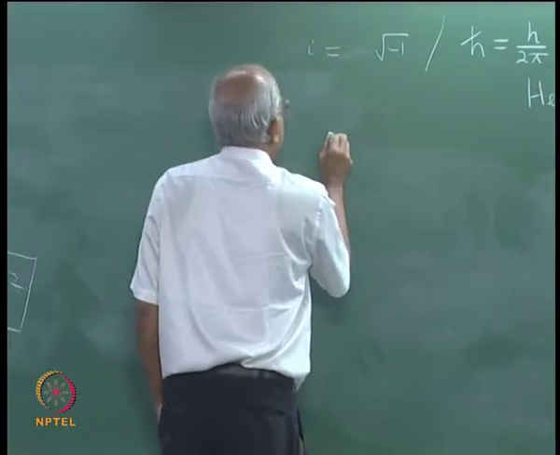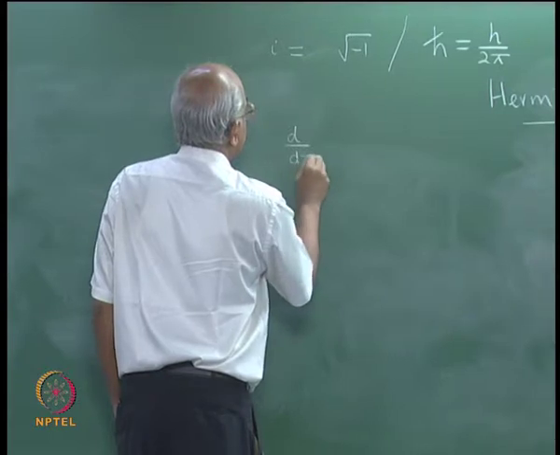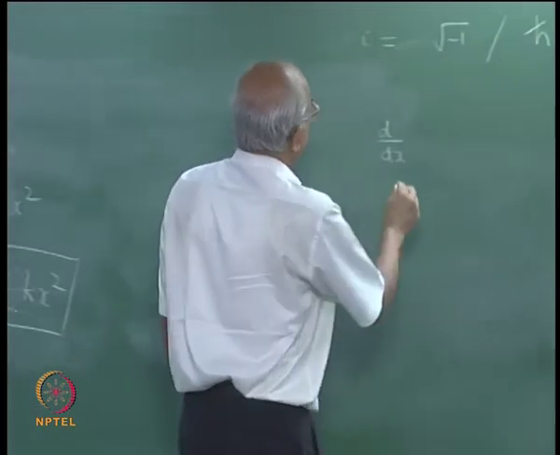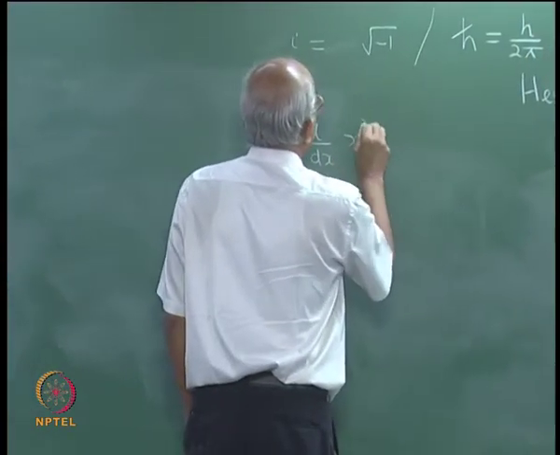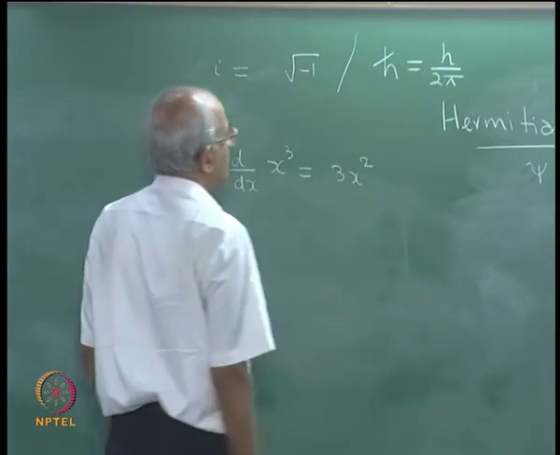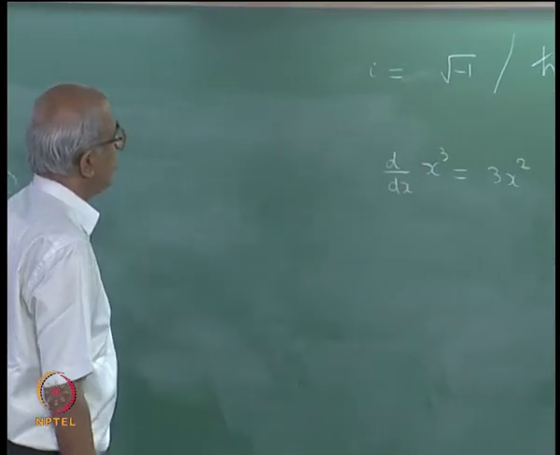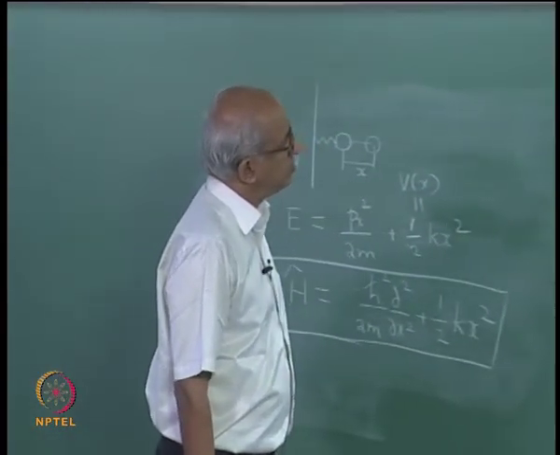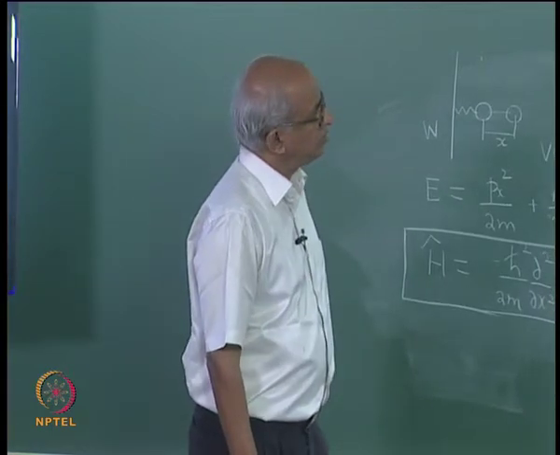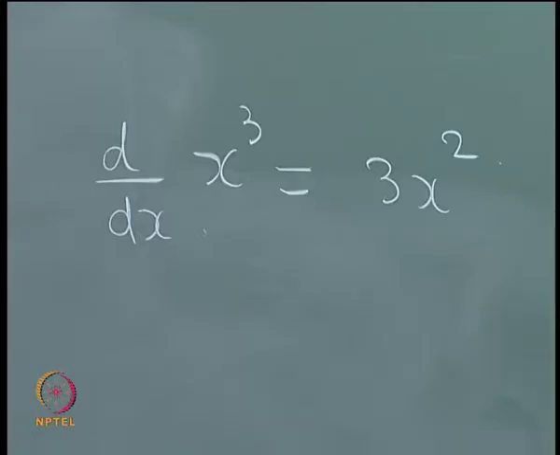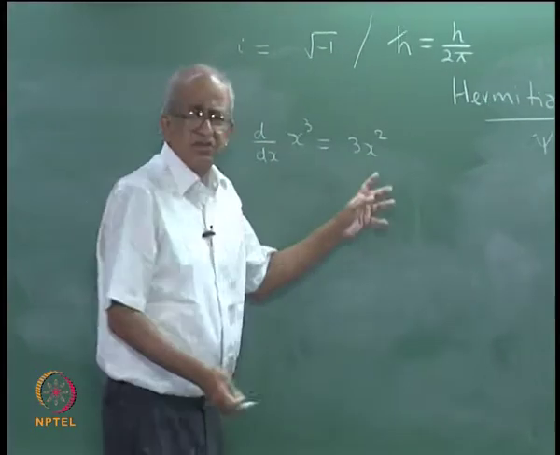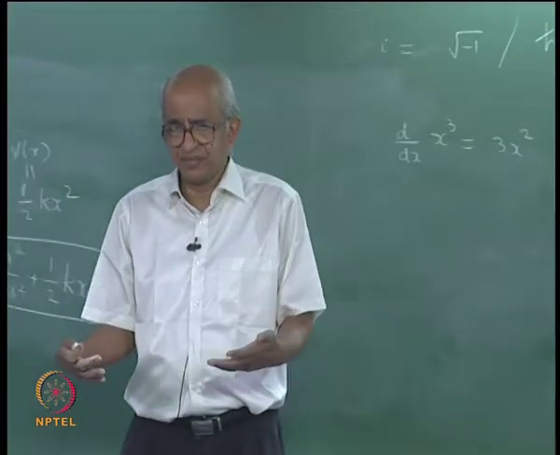Let me think of the operator d by dx, and you know that d by dx operating upon maybe x cube gives me the answer 3x square. Okay. So, what happens is that it operates upon x cube and gives me a totally different new function.